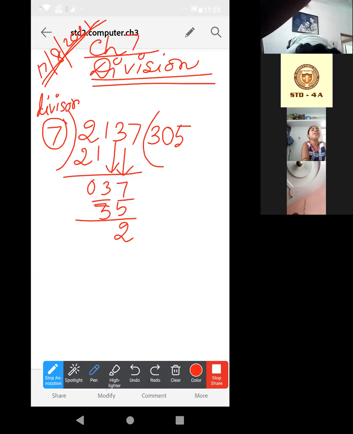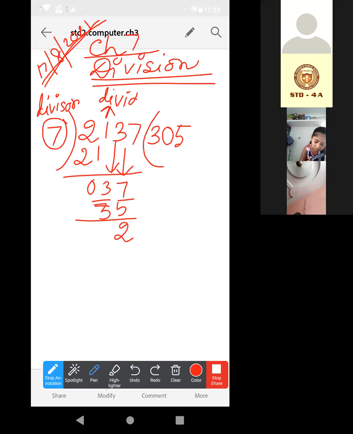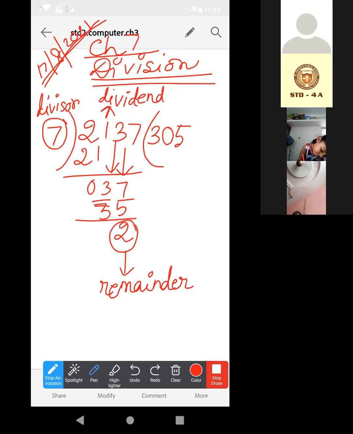This one is called dividend. Write this one. Dividend, okay? This one is called remainder. Write this one. Shirin, you are there.